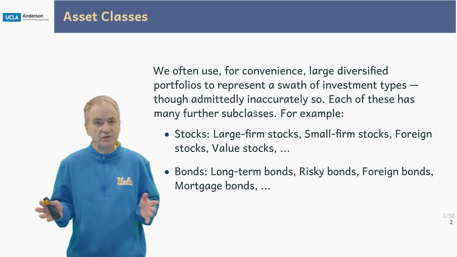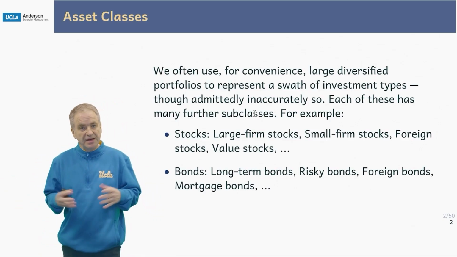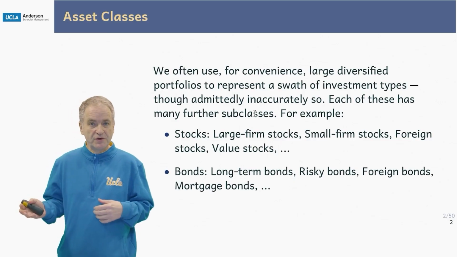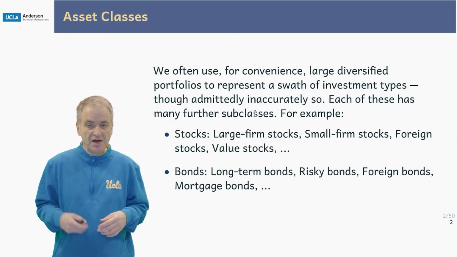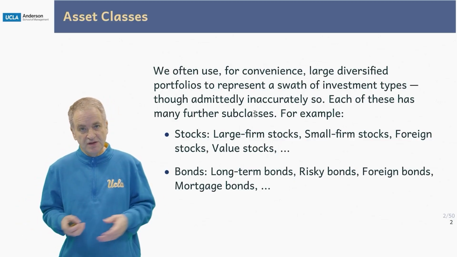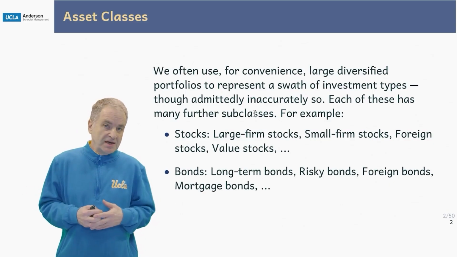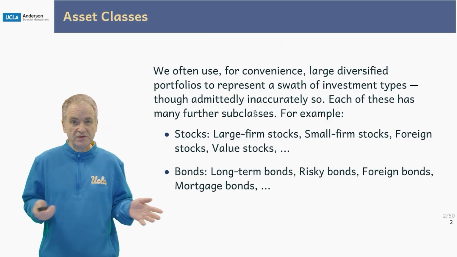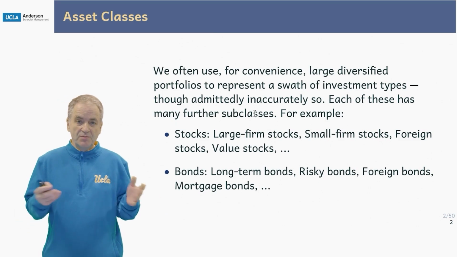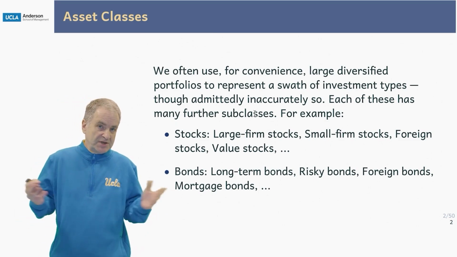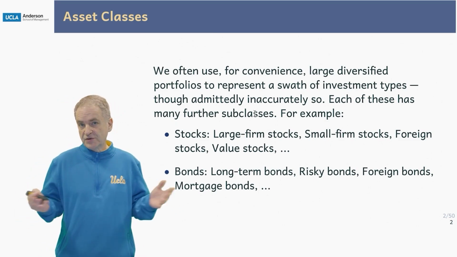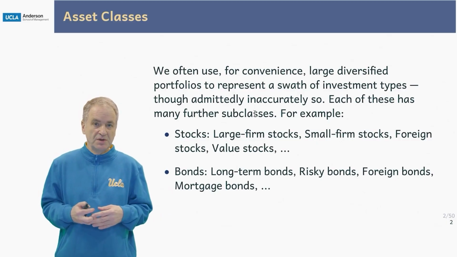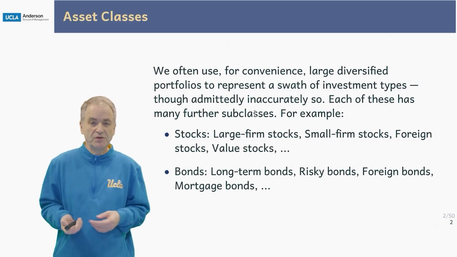So stocks is our first asset class, and there are subclasses like large firm stocks, small firm stocks, foreign stocks, value stocks. Then there's another class called bonds, and those contain things like long-term bonds, risky bonds, foreign bonds, mortgage bonds, and we sometimes look at, for each of these, a large firm stock portfolio. How did that do? Or how did a risky bond portfolio do?